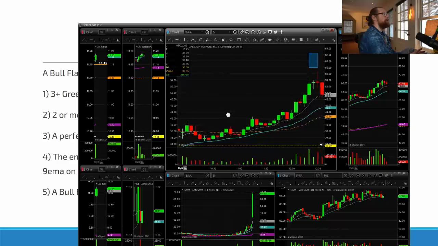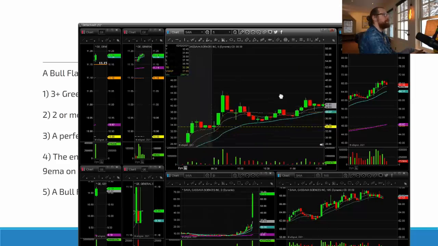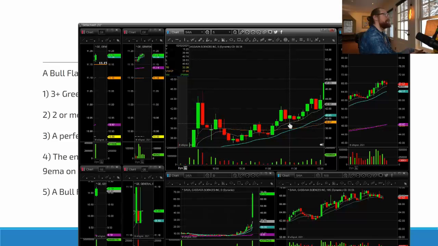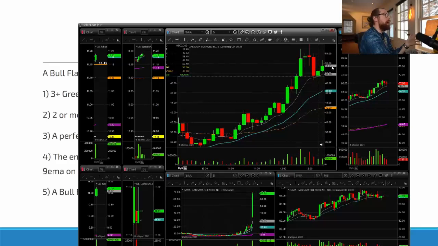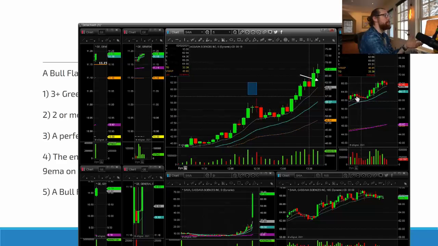This chart, in fact, today has not really given a single nice bull flag. Perhaps this area here is the closest thing to it, but this one also wasn't perfect because of how much it pulled back. And that's sometimes the case. Now, this stock, just because it didn't do a bull flag doesn't mean we wouldn't trade it. I'm willing to look for alternative setups, and those will be one of the other setups we talk about as we get more into the intraday chart patterns.